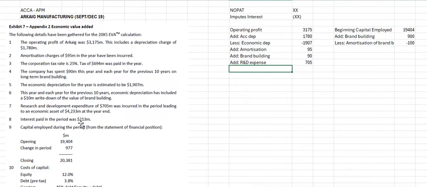How much should I capitalize? 4,233? No. That is at the year end. I need to find out how much at the year beginning, because we want year beginning capital employed. We don't want year end capital employed. So look at this. Let's say add back, add R&D asset, R&D economic asset.